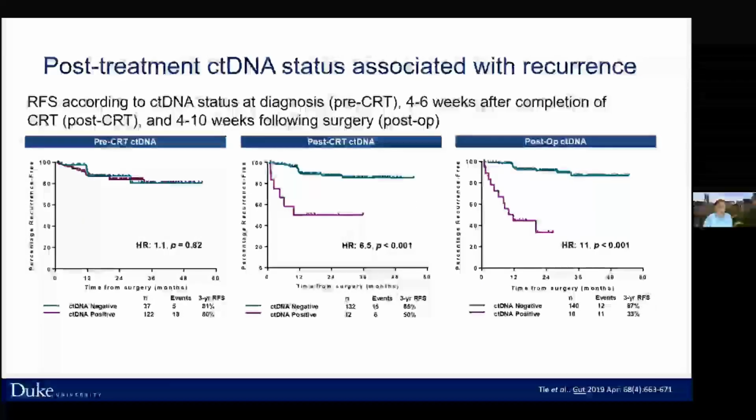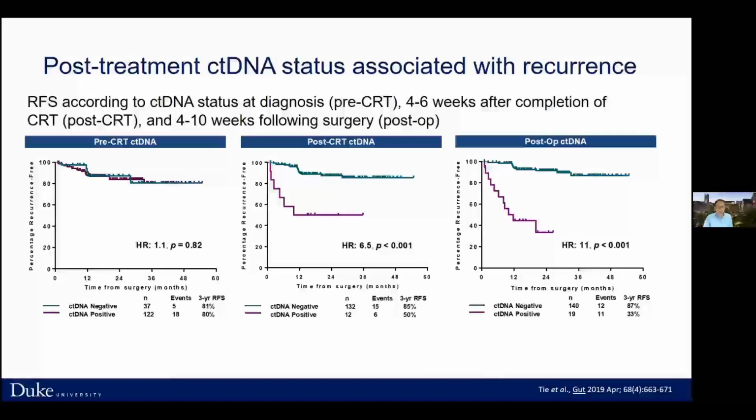And interestingly, they also looked at the impact of CEA, and CEA was elevated postoperatively in only 5 out of 22 cases that recurred. So CEA appeared to perform particularly poorly in this locally advanced rectal cancer population.